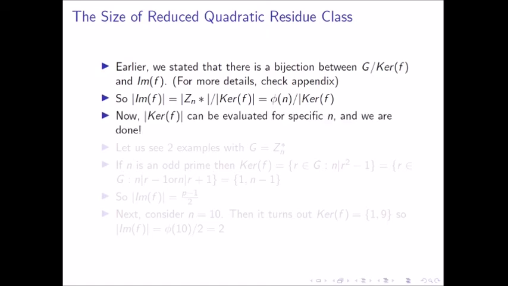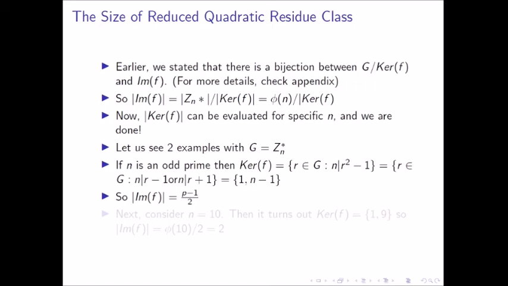Now kernel f can be evaluated for a specific n, right? It's not hard to see when the square is 1. So let's look at a few examples, and if we can evaluate kernel f, we are done, as we know phi n already from the formulas, and we know kernel f, we have the size of the image of f, and we know the size of the reduced quadratic residue class.